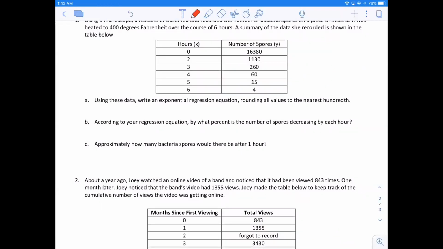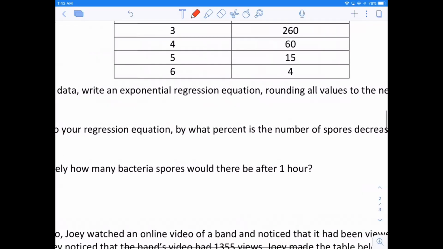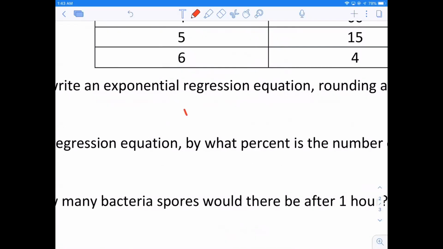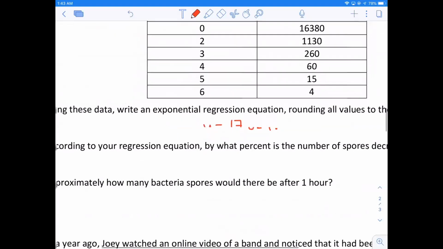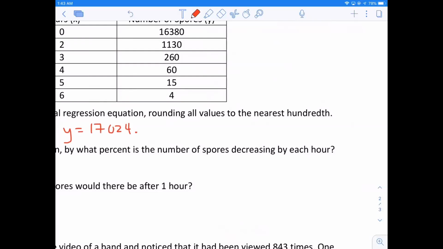So using these data, write the exponential regression equation. We did an exponential regression, and we got y equals 17024 point, rounding all values to the nearest hundredth. All right. Don't worry about the rounding here. They only give us up to 0.4, all right?